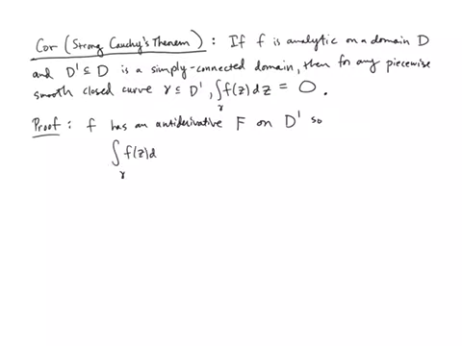To exaggerate things and see the problem, imagine your domain is like this, and your z0 is here, and your w is here, and you have a straight line segment connecting z0 to w like this.